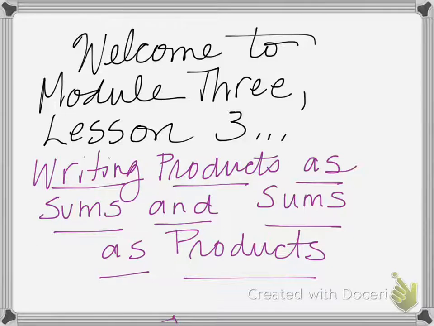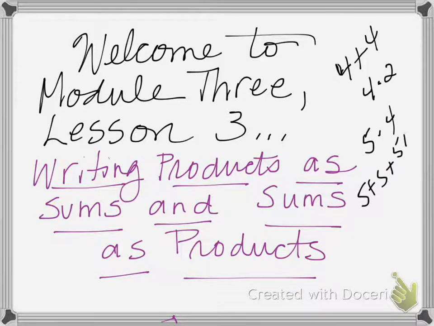So if you're writing the sum 4 plus 4 as a product, it's actually 4 times 2. And then 3 times 1, well, that's not a good one. Let's see. How about 5 times 4 is the same as 5 plus 5 plus 5 plus 5.